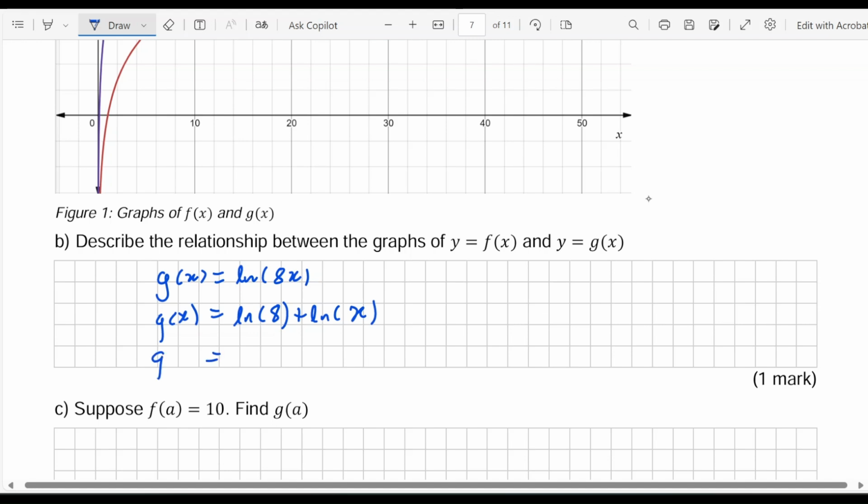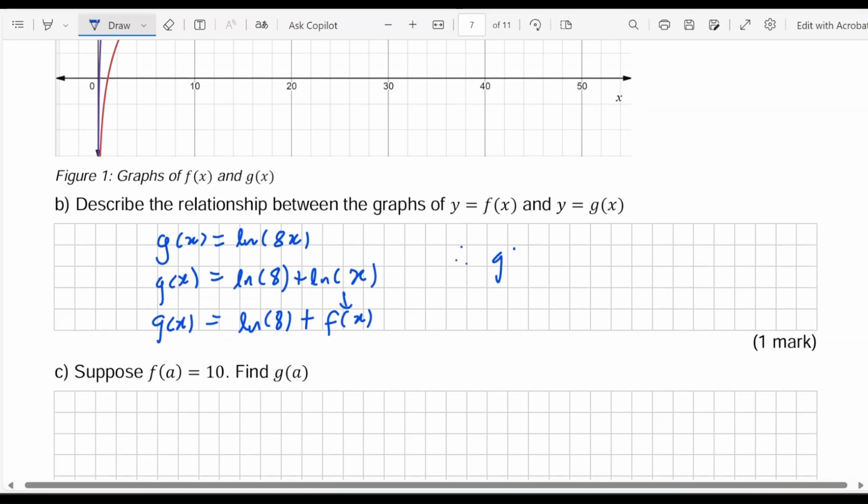And then g of x is log of 8 plus, and this original thing was f of x. Therefore, g of x is a vertical translation of f of x up by log of 8 units.